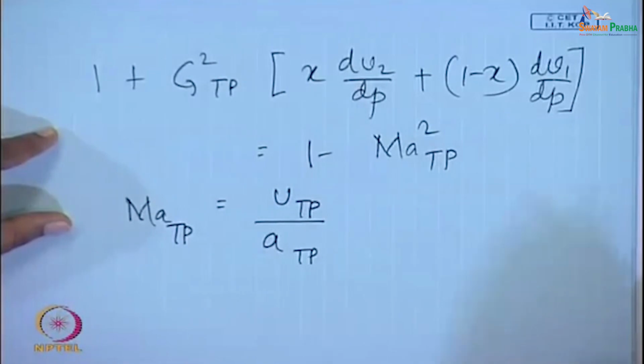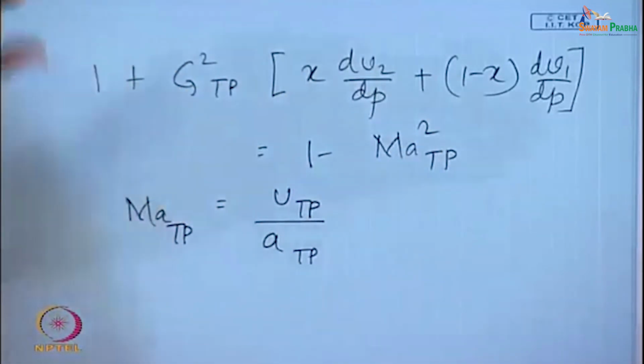Fine. One thing you remember, there we found that velocity of sound A was a constant. It depends upon that particular material. For air it is one particular value, for water it is one particular value. So, A is a constant.